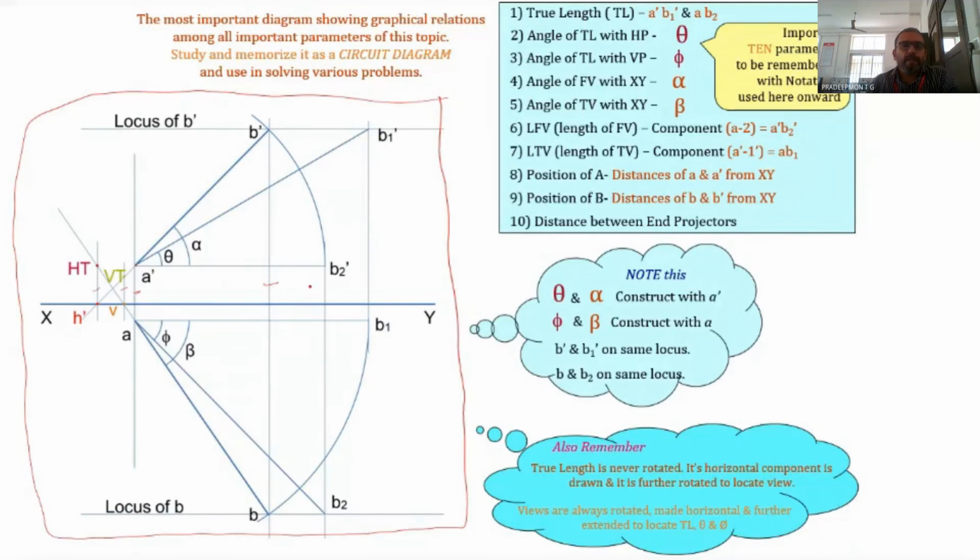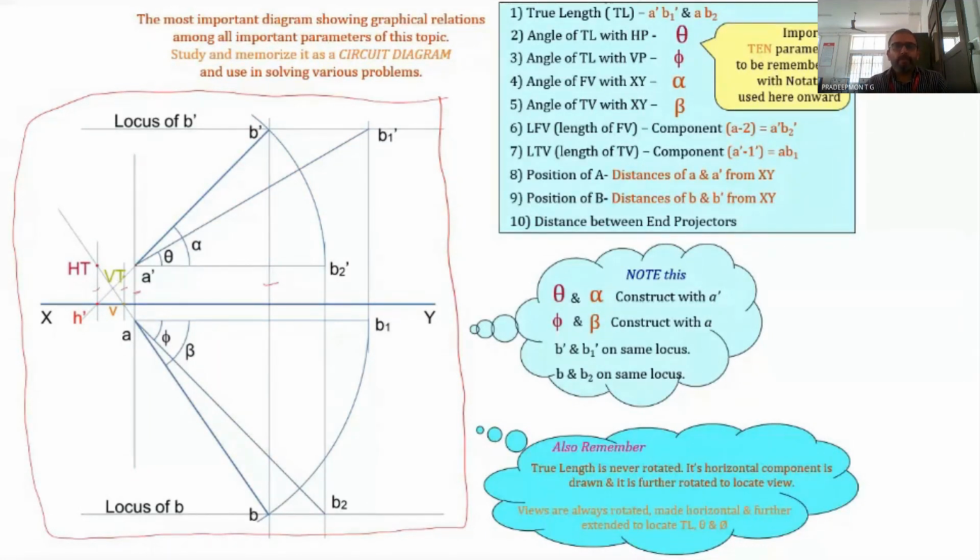And B and B2 will be lying on the same locus, the locus of B. So if we have B or B2, it is easy to draw the locus of B, because drawing a line parallel to the XY line will give you the locus of B. Once you get B, either B or B2, you can draw the locus of B. Similarly, if you have B dash or B1 dash, you can draw the locus of B dash. Likewise, if you have one line, you can draw the other one.